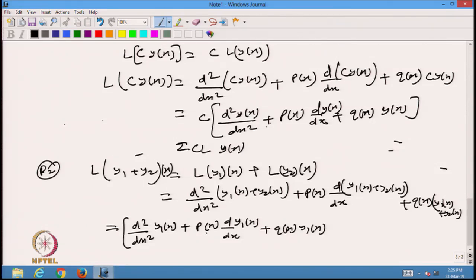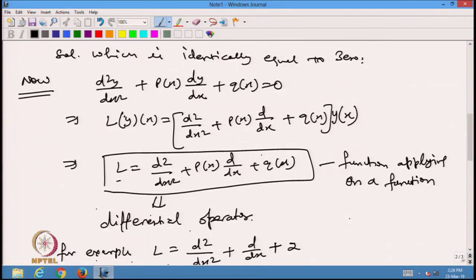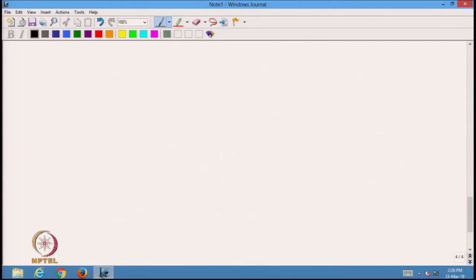I can separate this one, and the other one is d square over dx square of y2(x) plus p(x) d y2(x) over dx plus q(x) y2(x). This I can also separate, and after doing this, I can say that L of y1 plus y2 applied on this is the same as L of y1(x) plus L of y2(x).